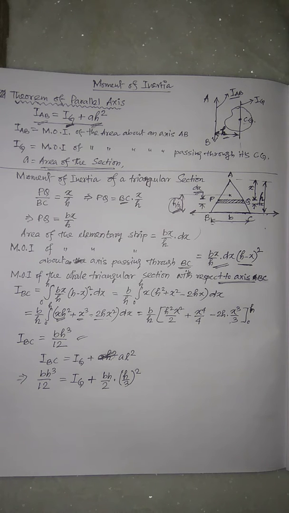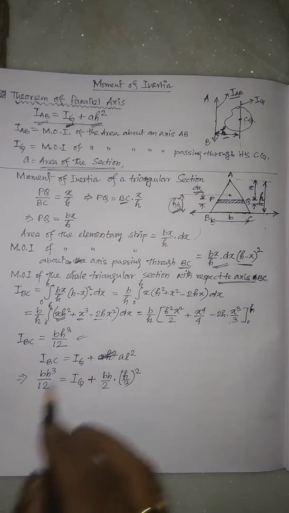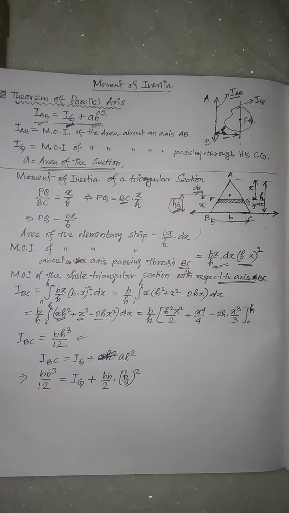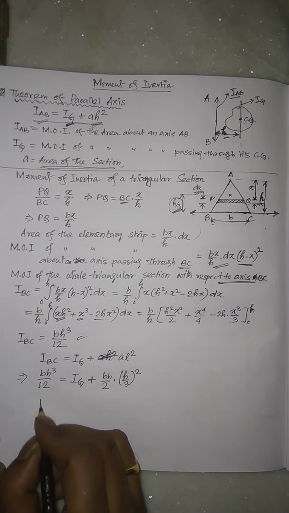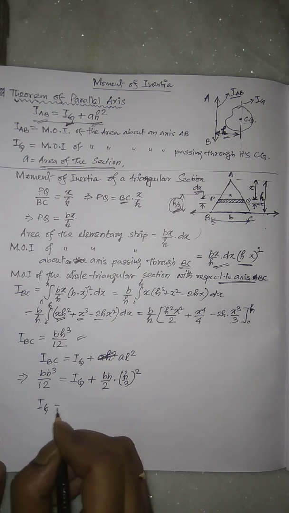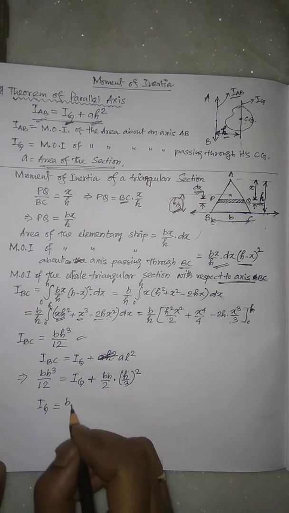Now if you simplify this equation, I G should be equal to b h cube by 36.